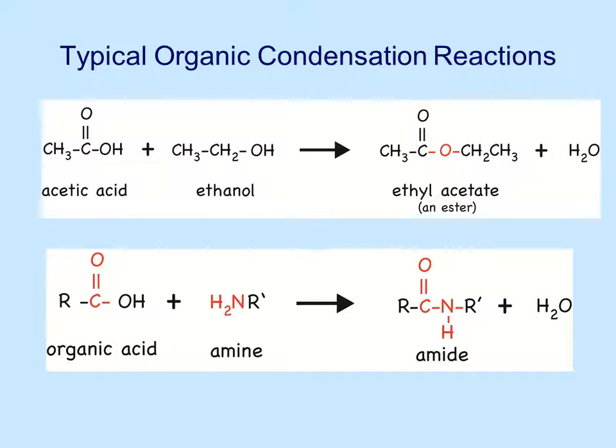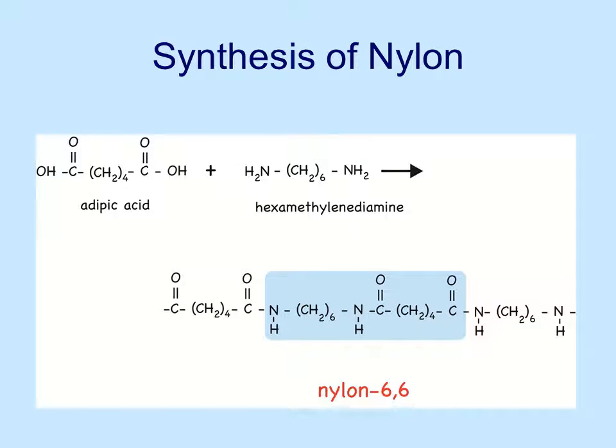We've seen these reactions before. So if we're synthesizing nylon, for example, we use adipic acid, which has a carboxylic acid at each end, and we use hexamethylene diamine, which has an amino group at each end. And so you form a condensation reaction, and you continue to build that chain as the reaction proceeds.